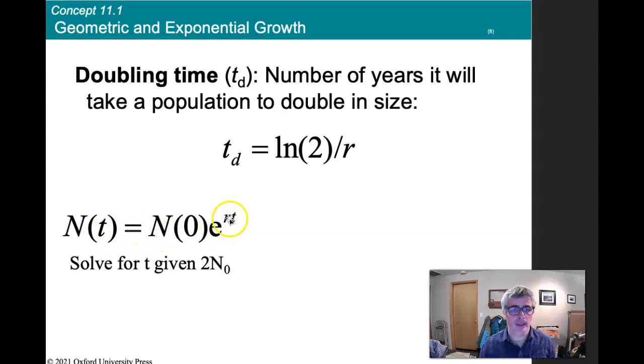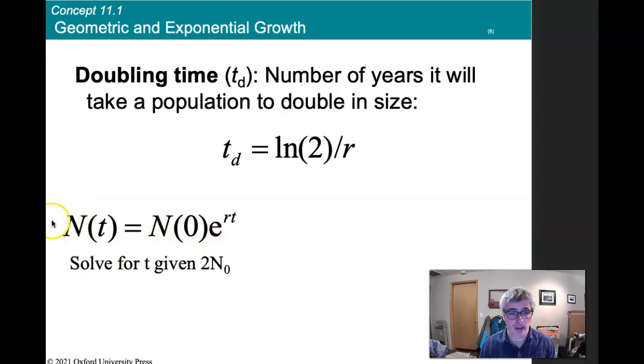So if we have N at 0, or the population at time 0, and we just call this 2 N0, because this is double this number, we can divide out N0, and we'll have 2 on this side.